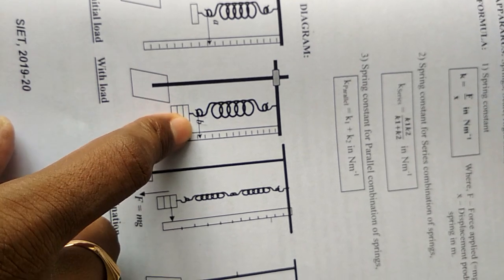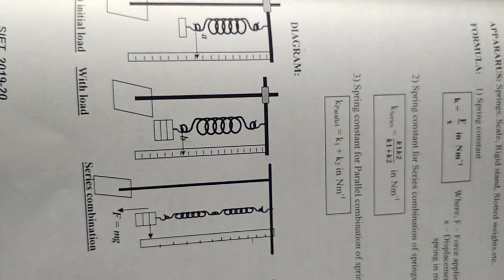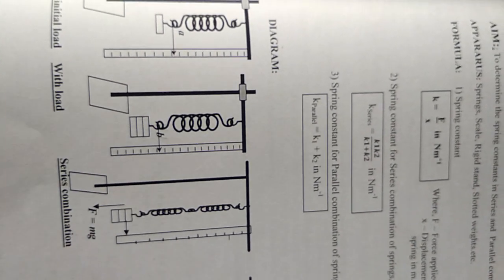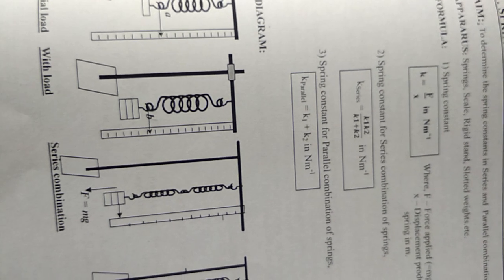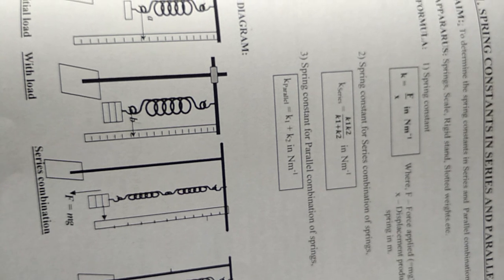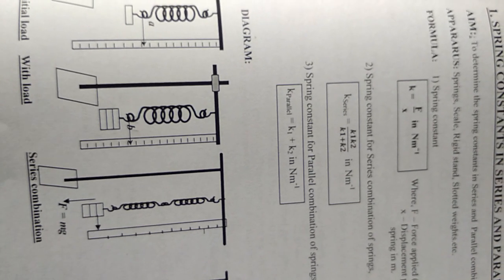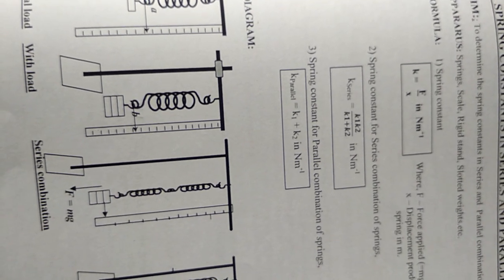When we add one more coin to the initial load, W plus 50. When we apply that, there will be an extension observed on the spring. How much it extends we come to know by subtracting A from B.